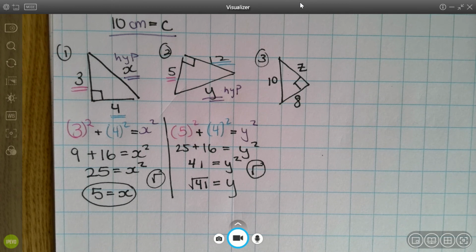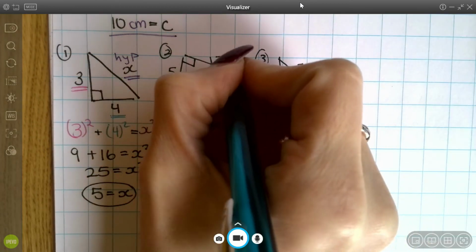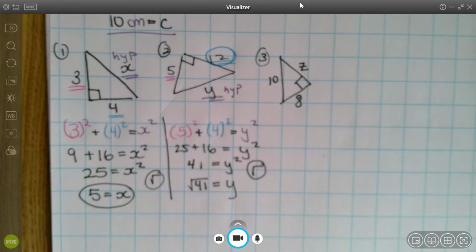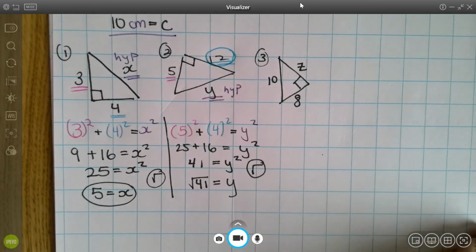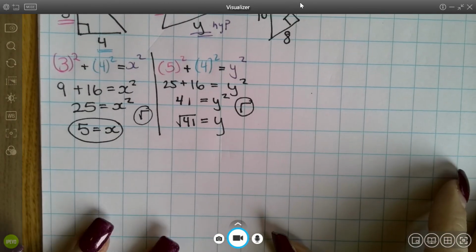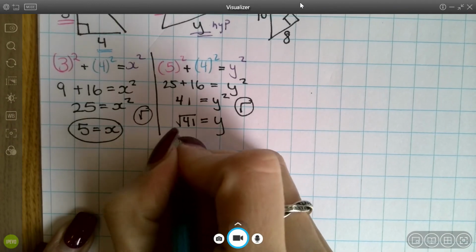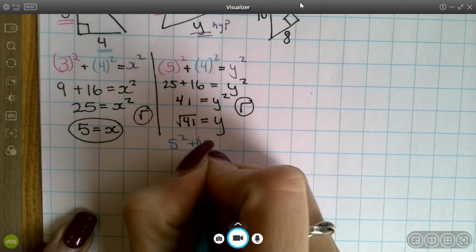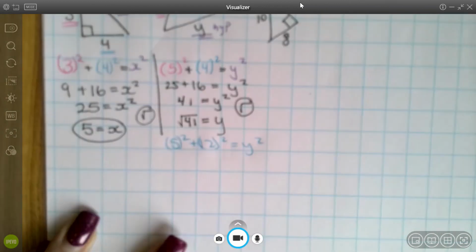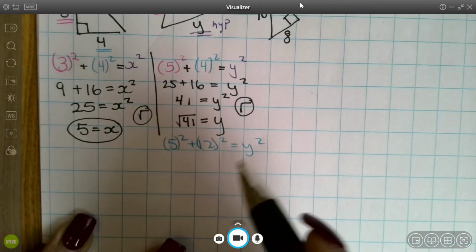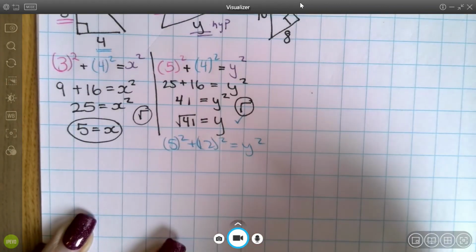Hopefully you saw that I identified the second side as 12, not 4. So when we correctly do this, it should be 5 squared plus 12 squared is our hypotenuse squared. If these were our two sides, this is the correct hypotenuse.